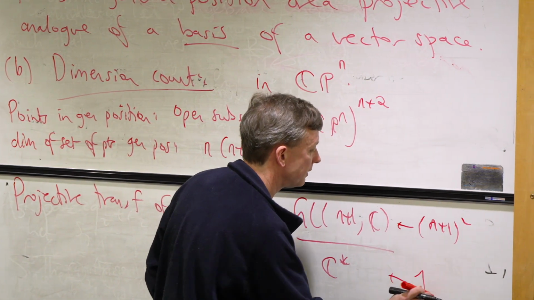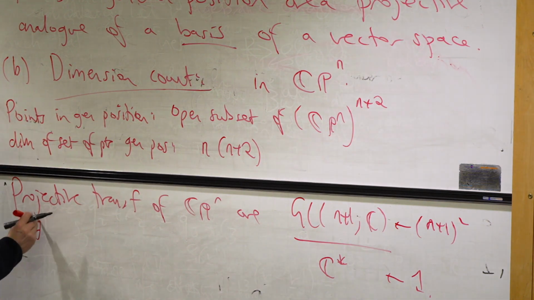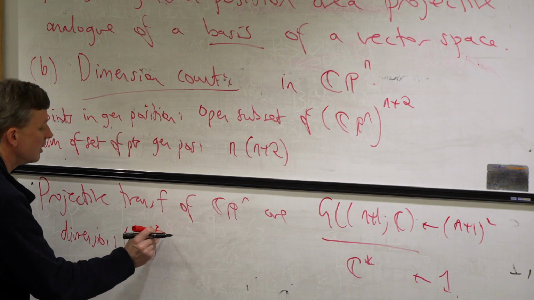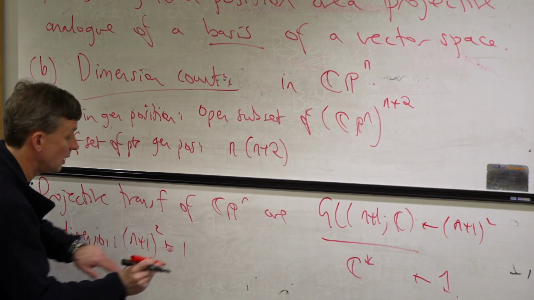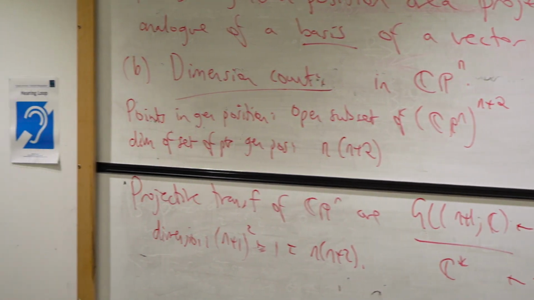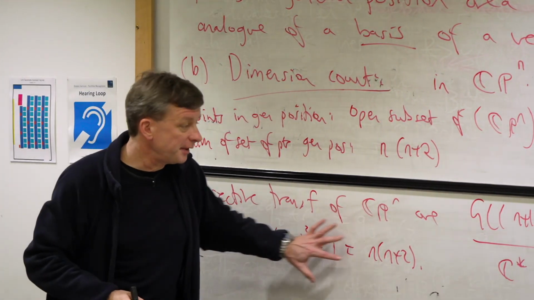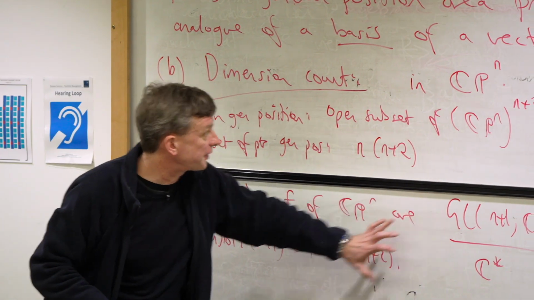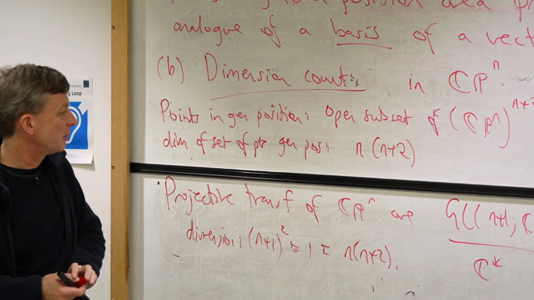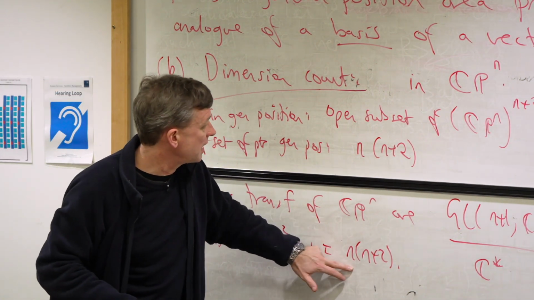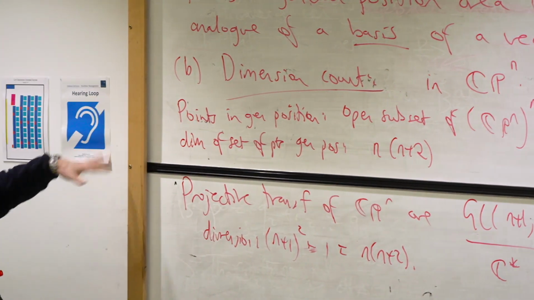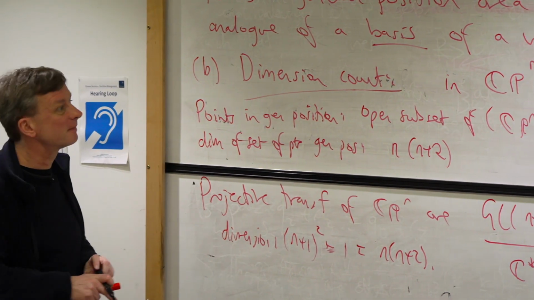That's got dimension 1. So the dimension is n plus 1 squared minus 1, which is again n times n plus 2. So that's consistent with the fact that this group acts freely and transitively on this set. That's a kind of consequence of the theorem. So we have a group of that dimension acting on a space of that dimension, and actually these two spaces are the same. So that's a kind of sanity check for this theorem.